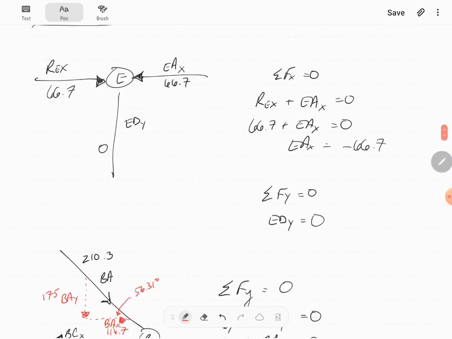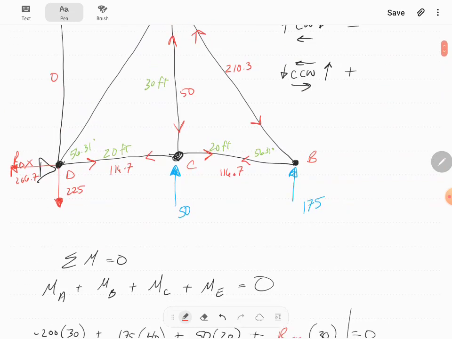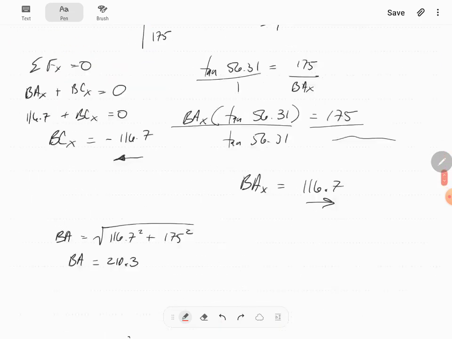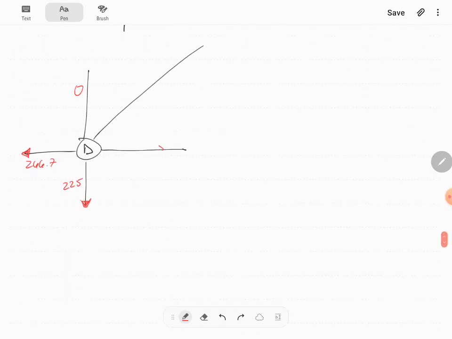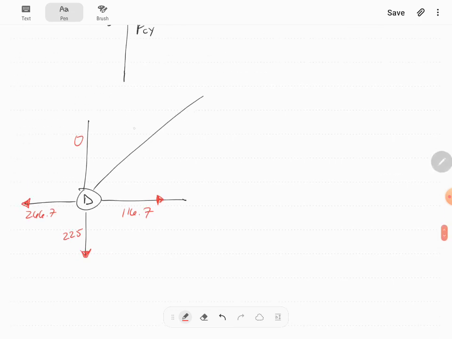What else do we know? We know this information right there. From the perspective of D going towards C, it is pointed to the right at 116.7. Well, what's missing? The only thing missing left is this member from D to A.